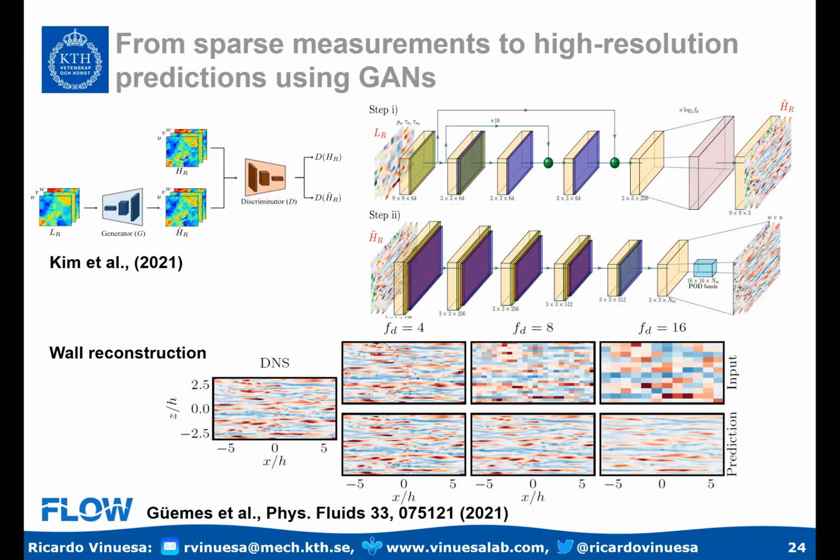There's a couple of things. First of all, we use DNS data to train our models because you have all the details of the flow, and the network can probably exploit the information quite effectively there. In the experiment you would not have access to all the data. But of course, in your training data you need to be able to reproduce the experimental errors, or the experimental lack of resolution.